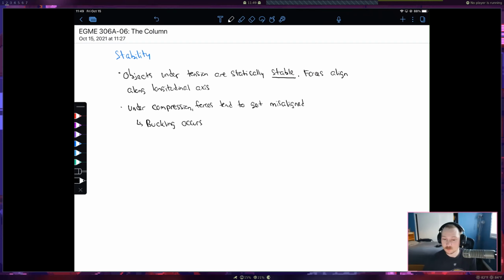When those forces get misaligned, then buckling occurs. I might say buckling, or I might say deflection. So buckling or horizontal deflection, same kind of thing, but I might say either.